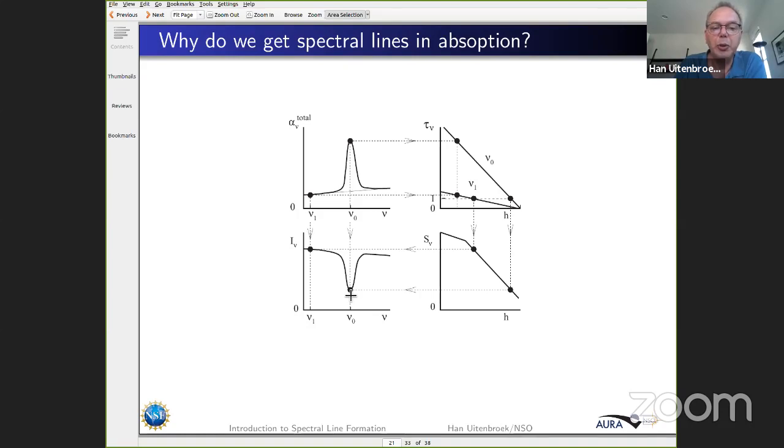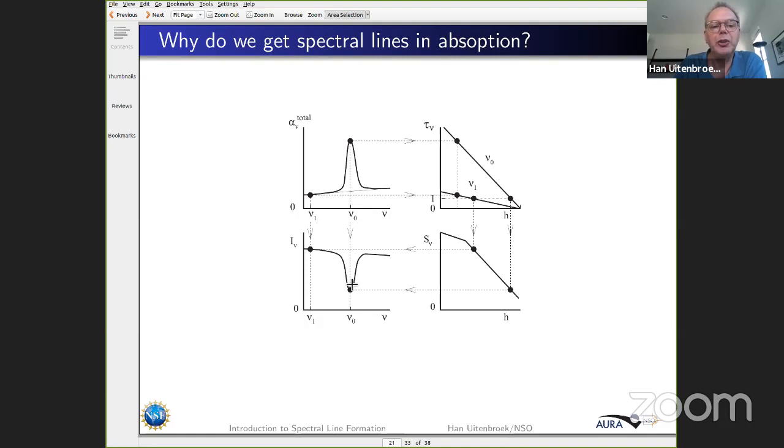Now, the name absorption line is somewhat misleading, because this lower intensity in the core of the line is not due to more absorption at this wavelength. Actually, even at this layer in the atmosphere, there's also more emission as a function of wavelength, except that as a function of depth the temperature is much lower, and therefore the source function is lower, and the intensity that then appears at the surface is also lower.